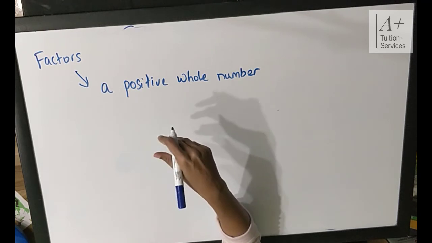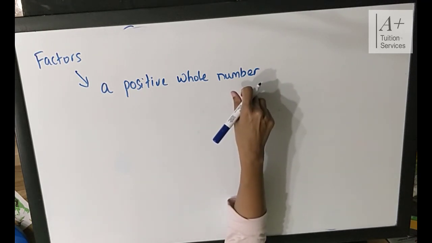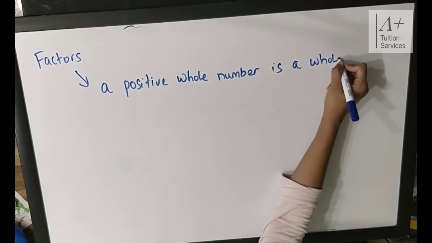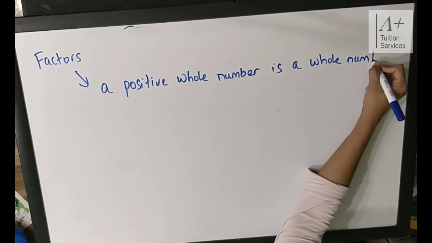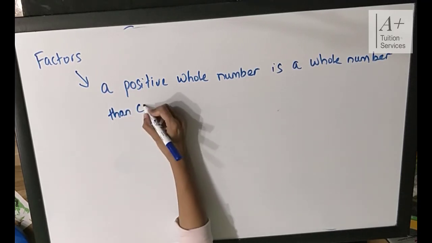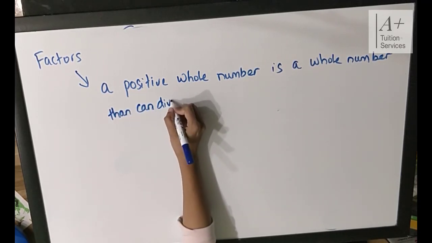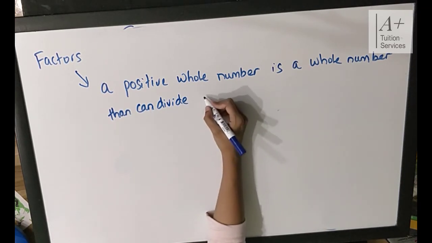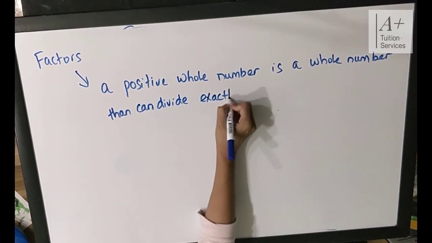So a factor of a positive whole number is a whole number that can divide without remainder, or exactly, into it, right?